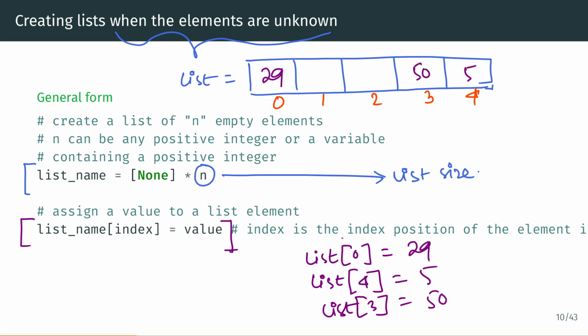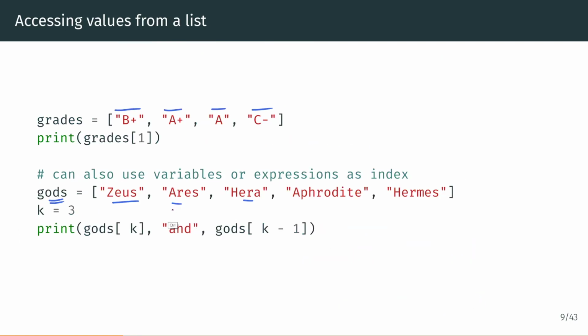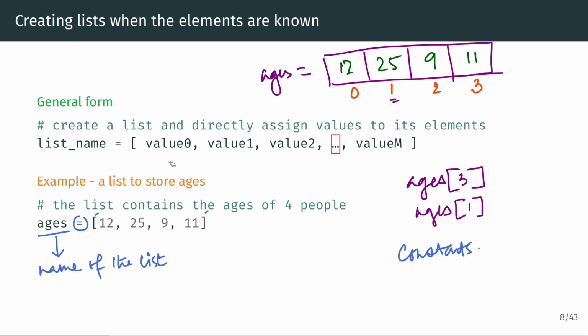So you first create the empty list, given the list size, and then you can fill up the values one by one. This is especially useful if you don't know what these values are beforehand, for example when the values are to be entered by the user. In the previous case, you already knew the values, 12, 25, 9, 11, so you could directly create the list.